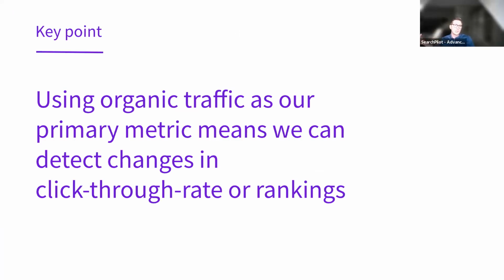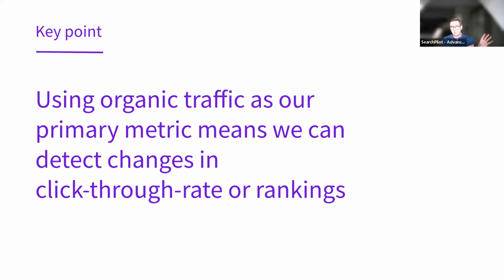Another key point to mention is that we only use organic traffic as our primary metric to detect winning and losing changes. We don't use click-through rate or rankings for the reasons I mentioned earlier, but it's good to understand why, which is those are both just proxies for organic traffic anyway. So sometimes you'll make a change and your rankings won't change, but your click-through rate will. Other times your click-through rate won't change, but your rankings will.